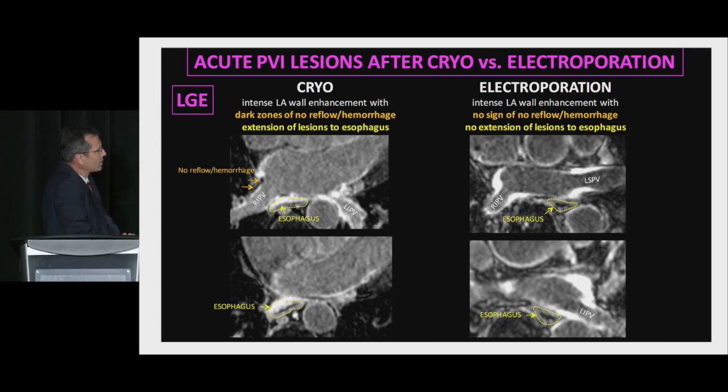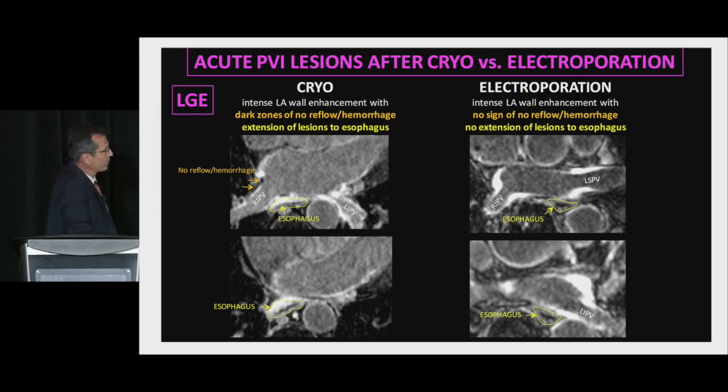But two things are interesting here. The first one is that you have some black areas here that are due to no reflow or hemorrhage. Either way, it means that some vessels in the atrial wall have been destroyed by the electric field. This is not visible, and we never saw it in the 8 cases we did in Bordeaux with electroporation. So really the vessels are preserved.